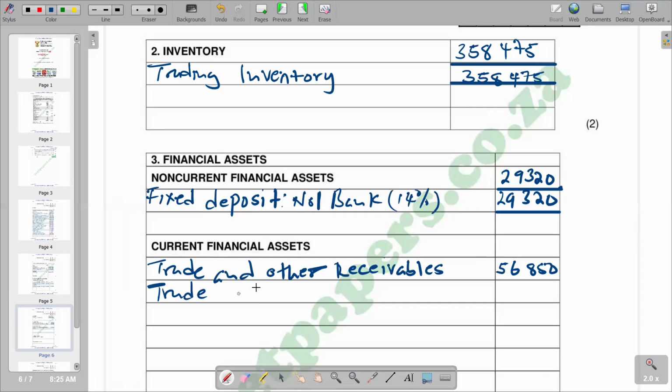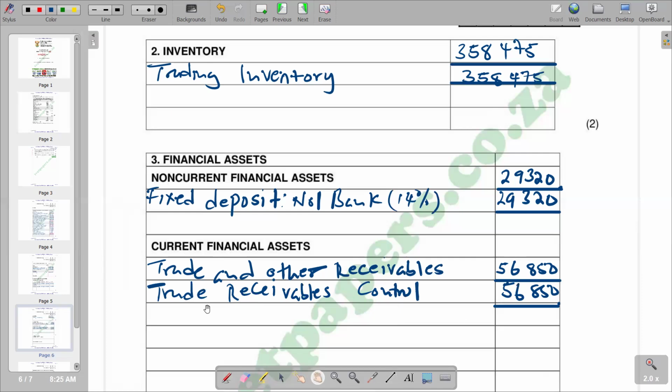Which is represented by trade receivables. So if we have prepayments of expenses, we're supposed to list them and then the total for trade and other receivables. But in this case, we only have trade receivables control, so we can just close, which gives us the same figure.